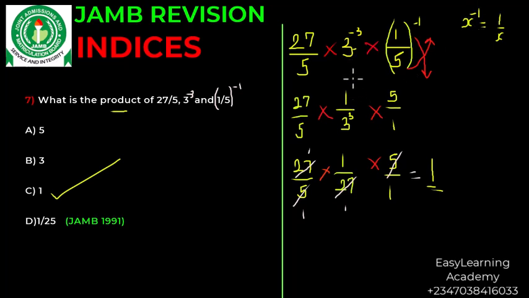So the negative sign disappeared and we had 3 raised to the power 3. When we have a fraction like this, we simply have it as an inverse: numerator becomes denominator, denominator becomes numerator, and 1 over 5 became 5 over 1. Solving for 3 raised to the power 3, we have 27, and we did our cancellation and we were good.